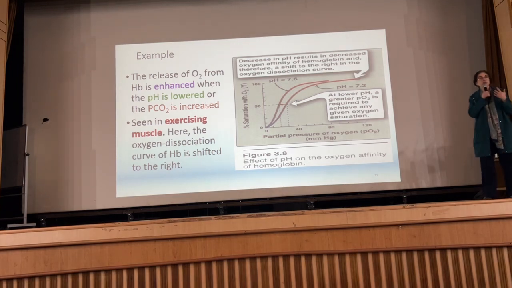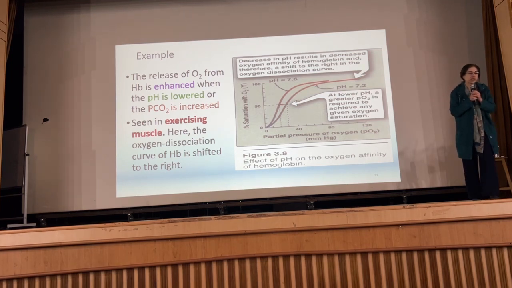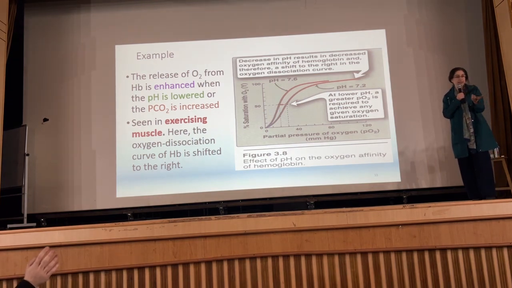Why? Because your muscle tissues and cells require more oxygen. So they require a quicker delivery of oxygen because they are using energy. What is oxygen needed for, by the way? Oxygen... Anyone?